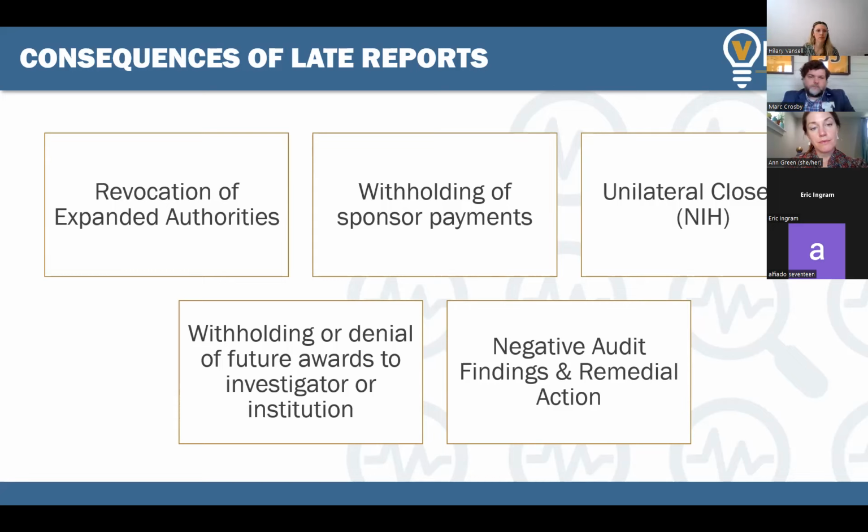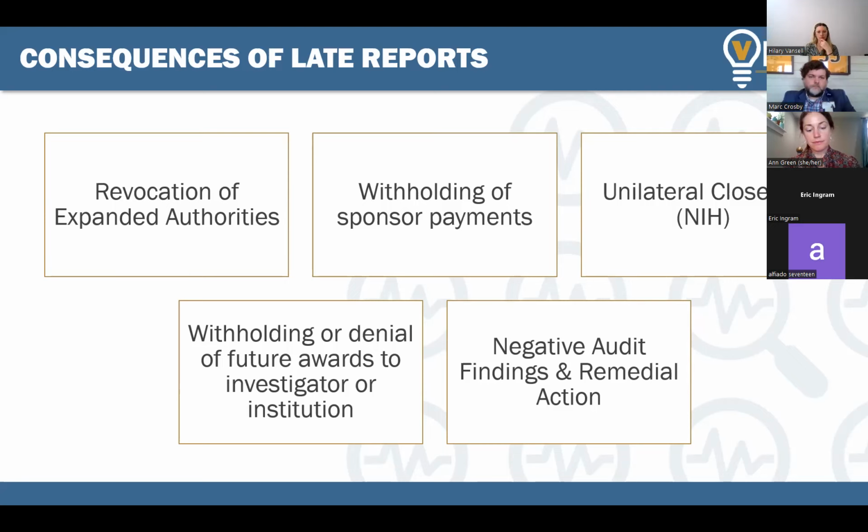Those are, in terms of what I've seen in my role in central finance, the two big advantages of having expanded authorities. It also allows you to re-budget, I think up to 25% of your original budget without asking for the sponsor's approval. Another thing you can do is internally approve pre-award spending.